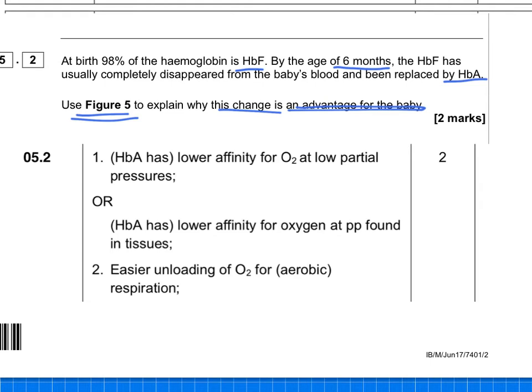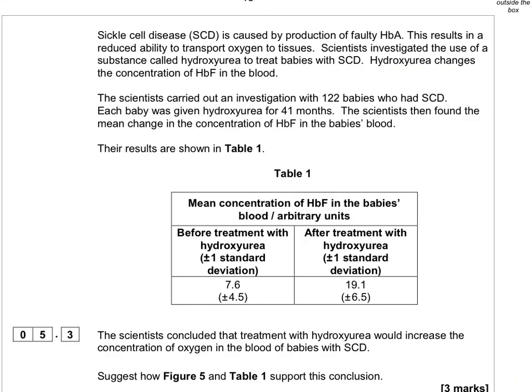Easier unloading of oxygen for respiration is obviously important as the baby is growing, so there are lots of tissues and lots of new cells to be supplied with oxygen. We then get some information, which is quite applied, and a lot of it you would not already know.